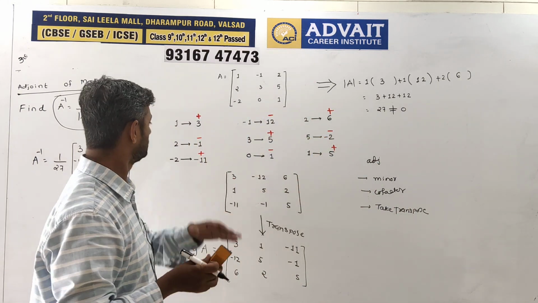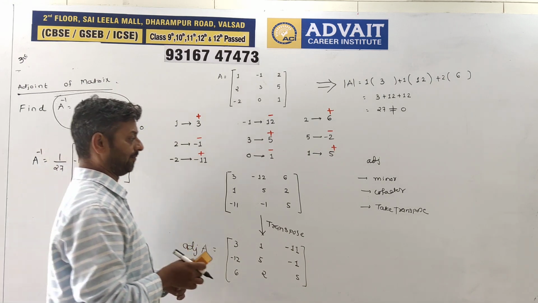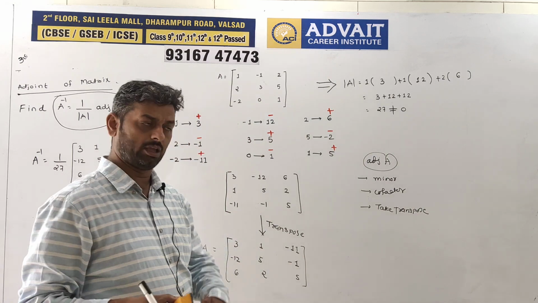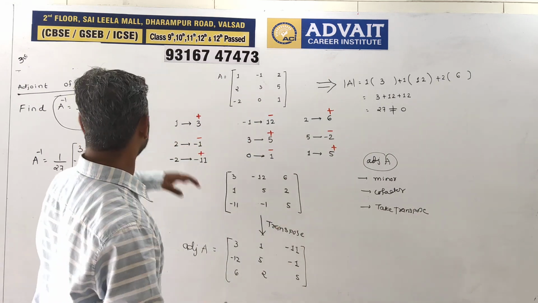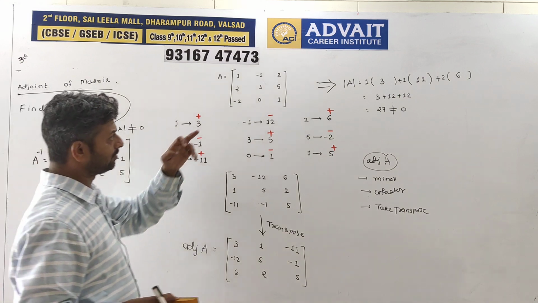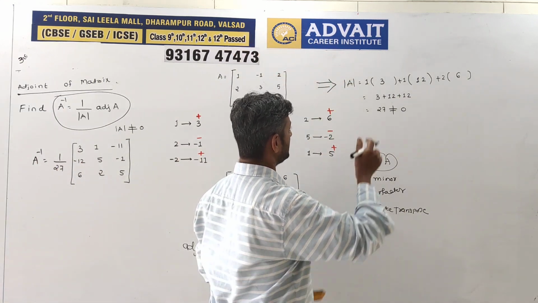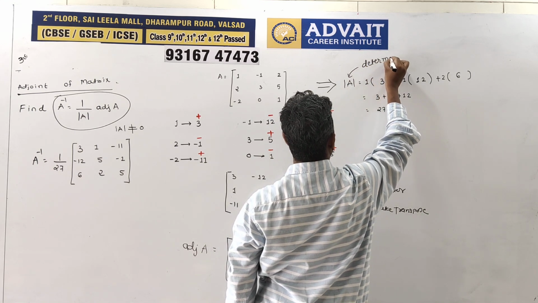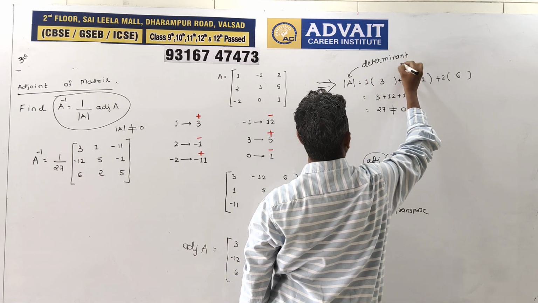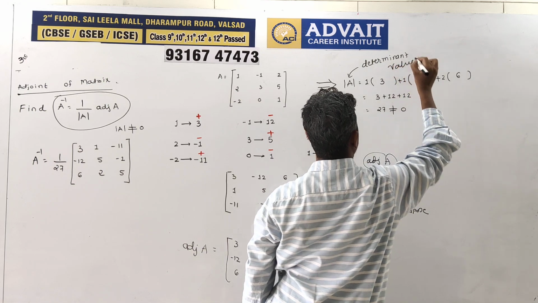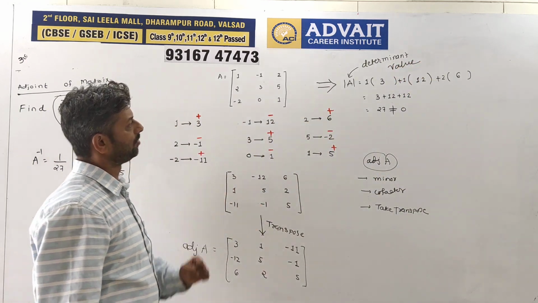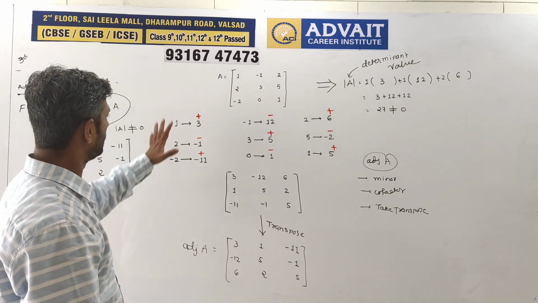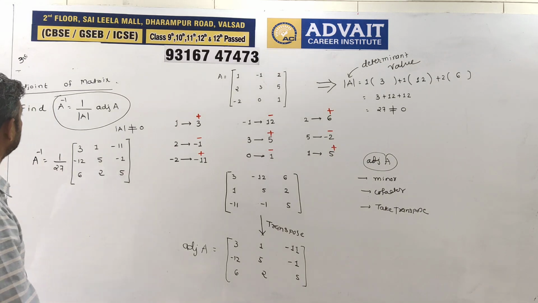This is your adjoint of A. And if you have to find A inverse, then you have to find the determinant value. This is nothing but the determinant value. Okay, this is not modulus. Determinant value means expansion of the determinant. Okay, this is your 3 by 3.